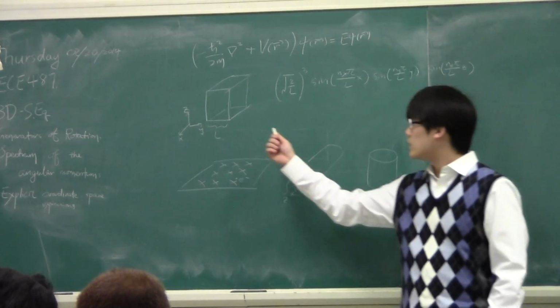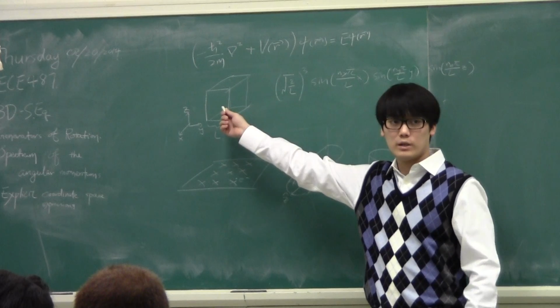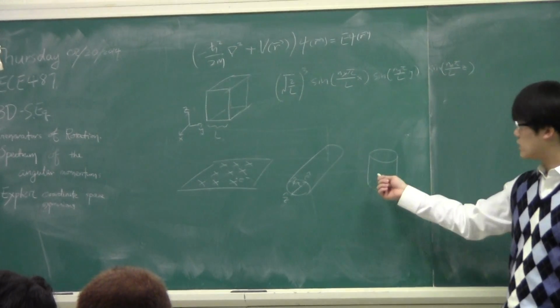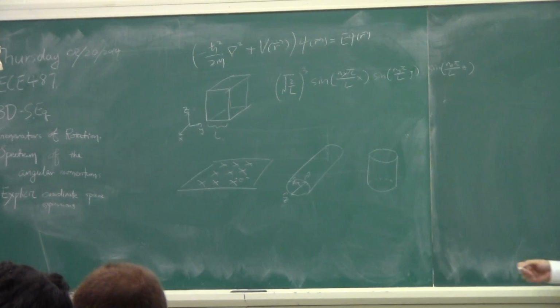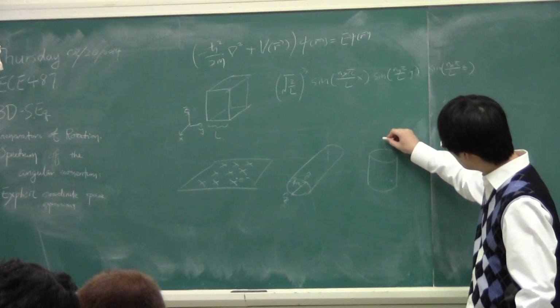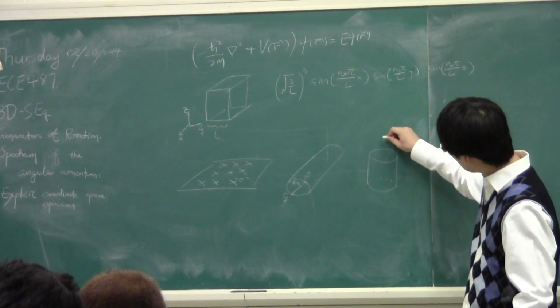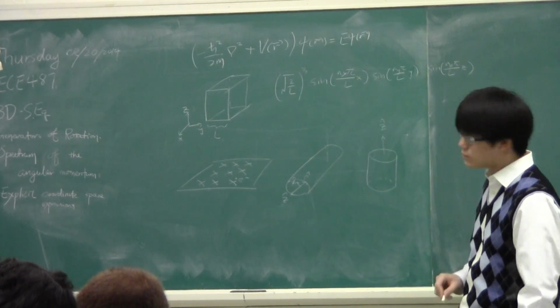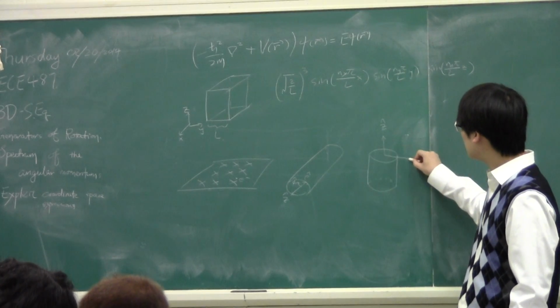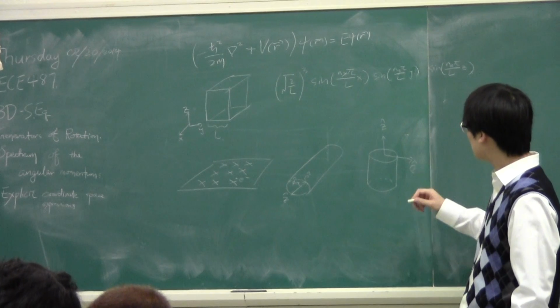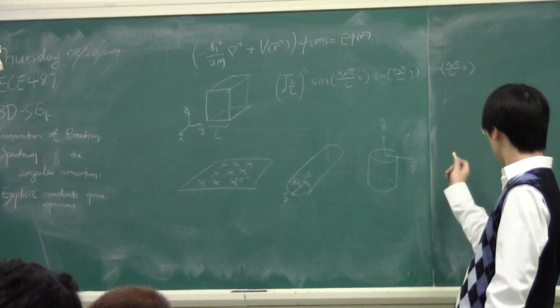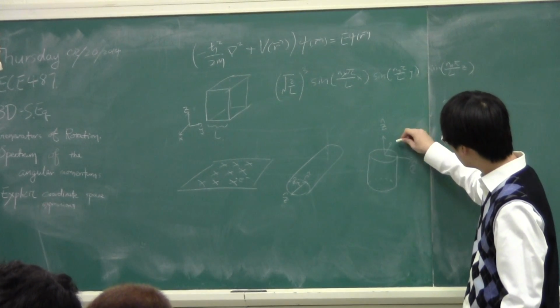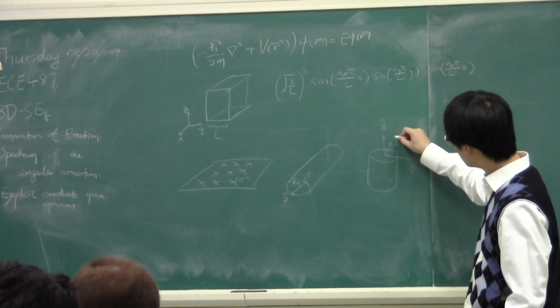So it's exactly the same problem as this, but the boundary has a different geometry. And this geometry favors cylindrical coordinates. The cylindrical coordinates we're going to use can be defined on this pillbox. So this would be the z direction, this would be the rho direction, and then into the blackboard will be the phi direction.